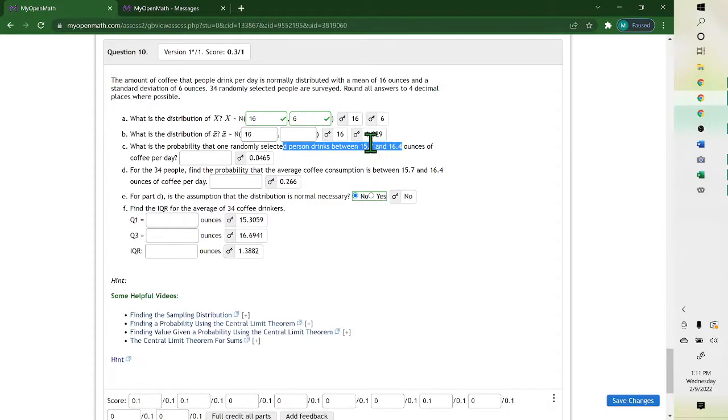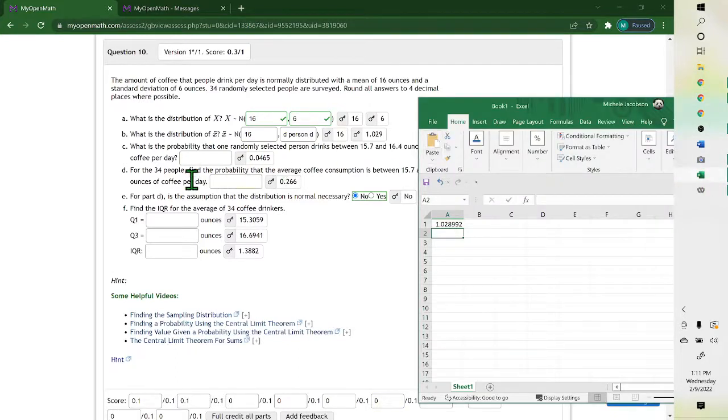Then we find 15.7 and subtract that part out, and we're only left with what's in between. So you find both and subtract them when they want in between. Another thing: this part C is one randomly selected person, so it uses part A, the distribution for just an X.